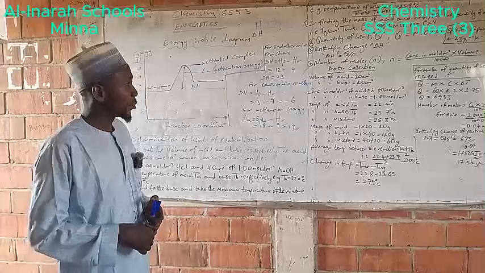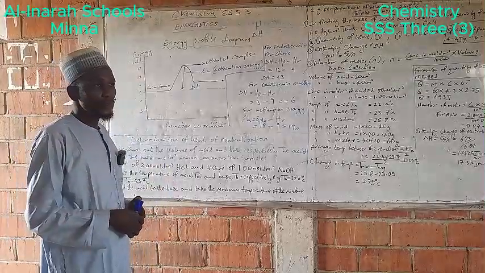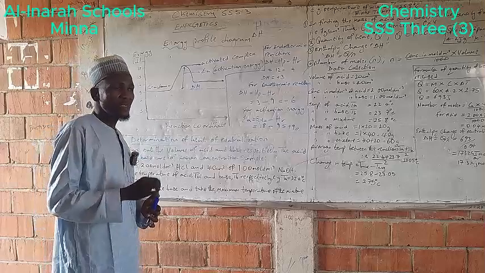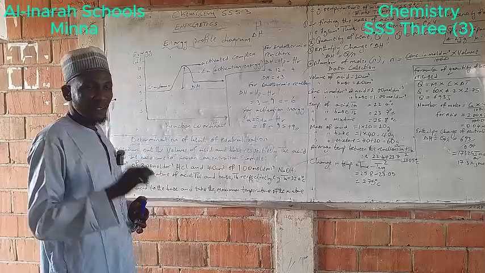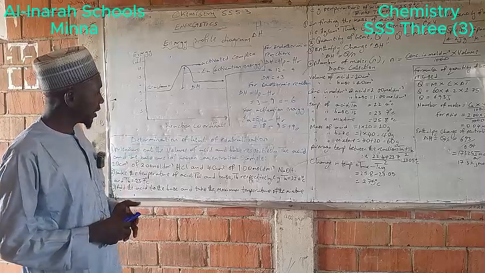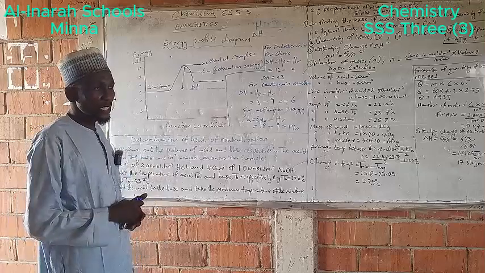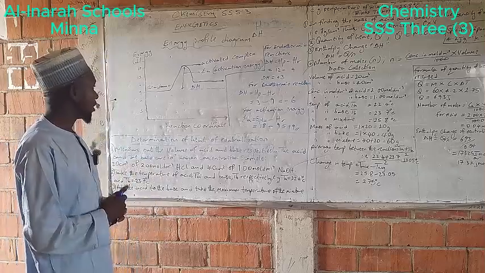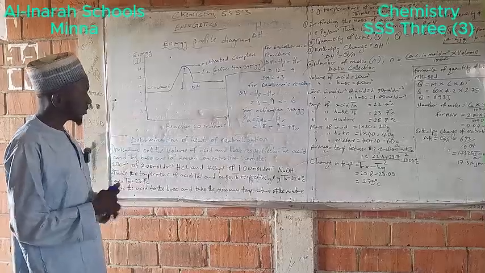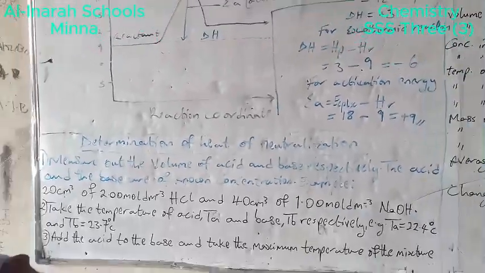So we used some sketch from the note we had to illustrate how endothermic and exothermic reactions are determined. Here I just want to quickly refresh your memory, even though we have it in the note already, before we move to the next thing. This sketch can be used to illustrate both endothermic and exothermic reaction.